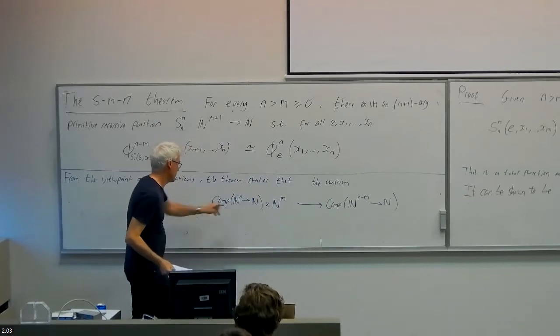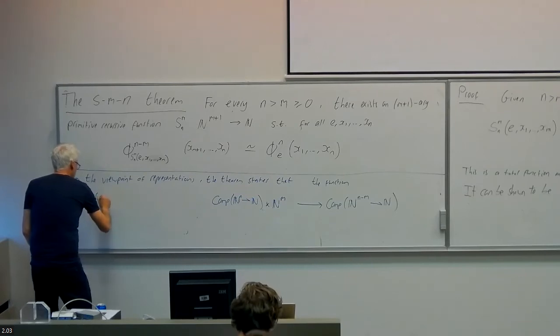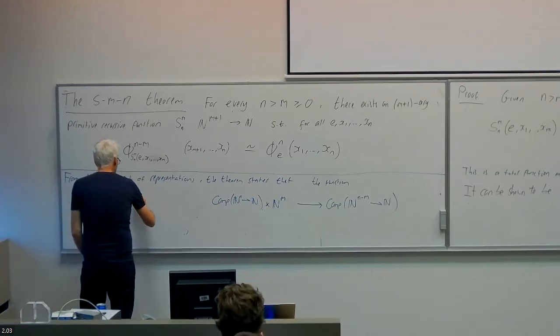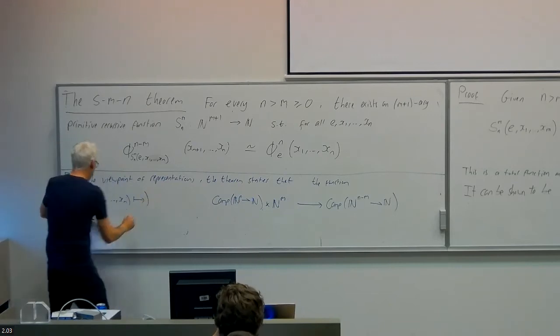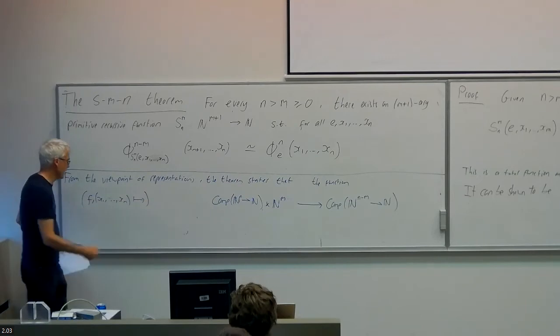And this function is the function that takes an f and an x, an n-tuple x1 through to xm, and returns... So f is an n-argument function. This is an n-tuple of numbers.